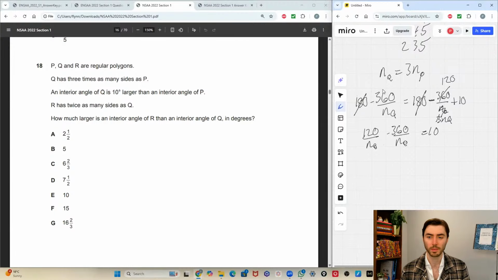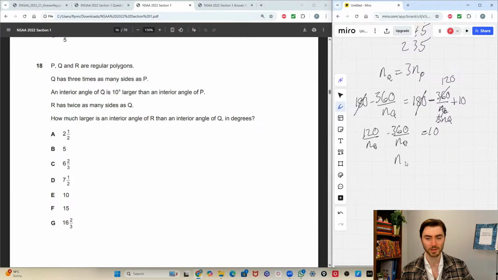That makes sense. Hold on, I'm getting something wrong. And it's 3 times as many sides as P. Calm down, you've got time. So the exterior is 360 over NQ. Interior is 180 minus that. That's the interior angle of P. That doesn't work.